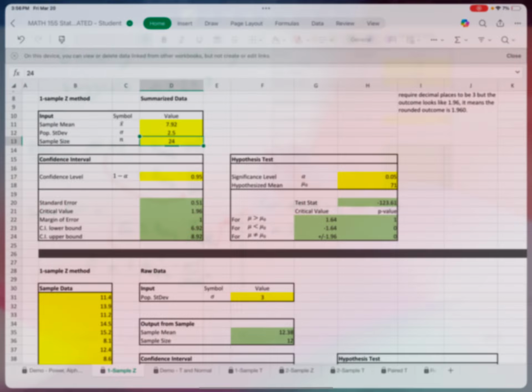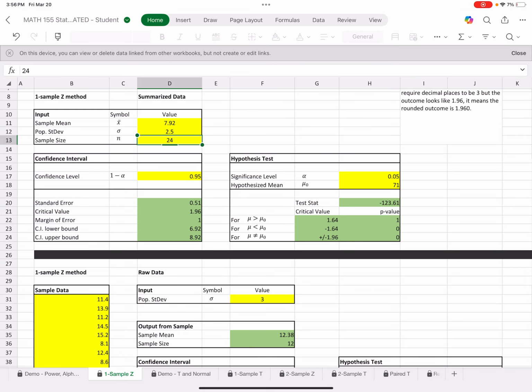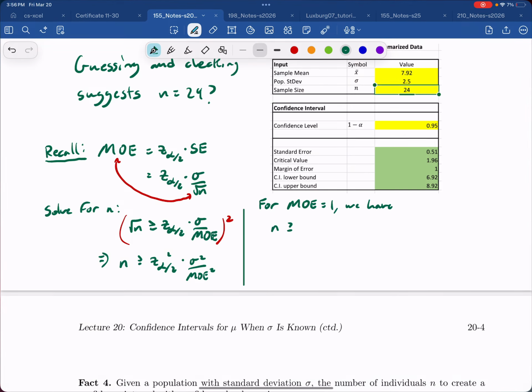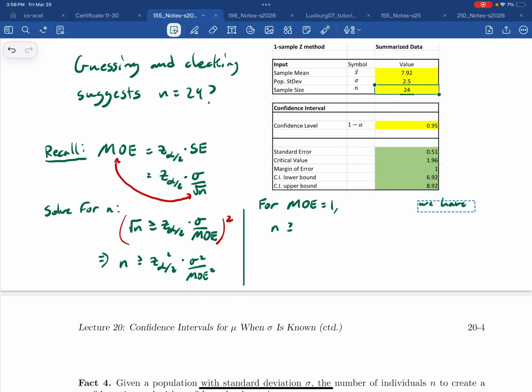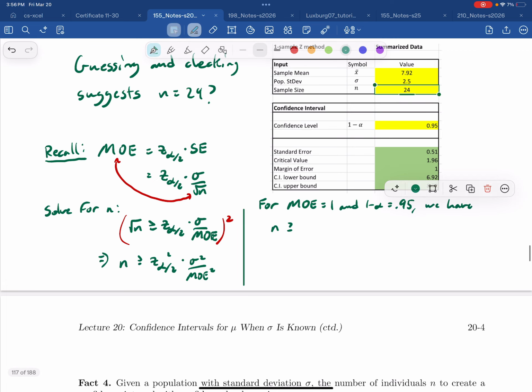And if we go to our critical value, see how it's 1.96? So maybe I should say, for margin of error 1 and 1 minus alpha equals 0.95, because now we know that we have a critical number of that.